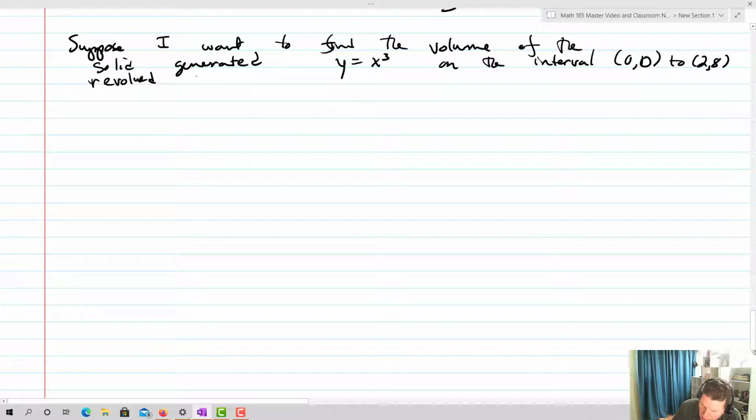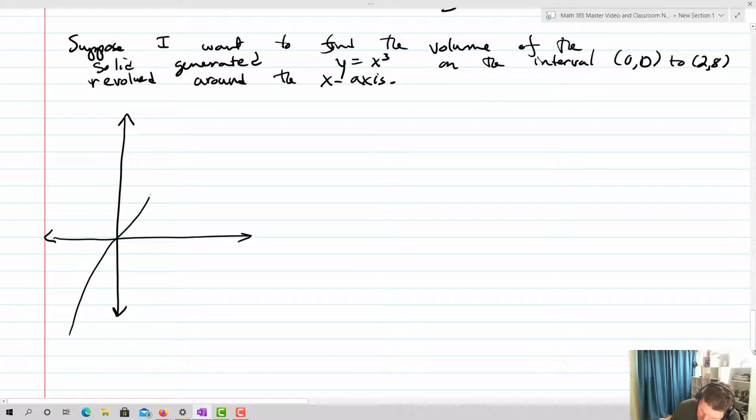So just like the last one that we did, in this case we're going to revolve it around something. We're going to revolve our solid of revolution around the x-axis. And so I'm going to imagine what this looks like. There's my curve, and we're revolving around the x-axis. We're going to go from 0, 0 to 2, 8.